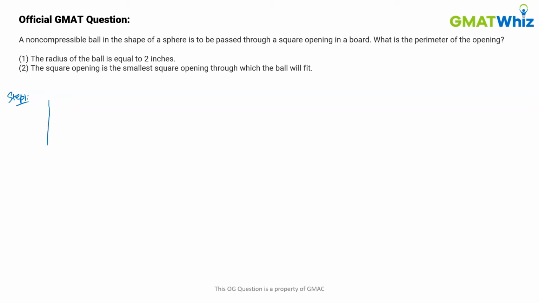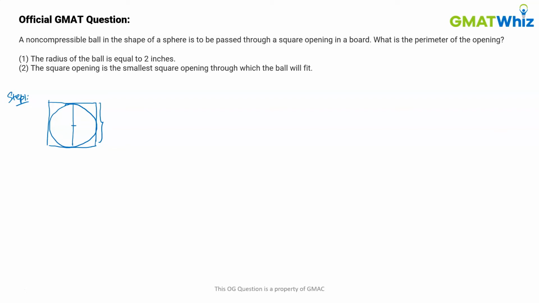there is a square and the non-compressible ball, which is in the shape of a sphere, must pass through this. So, from this diagram, it is easy for us to understand that the side of the square must be equal to the diameter of the circle.